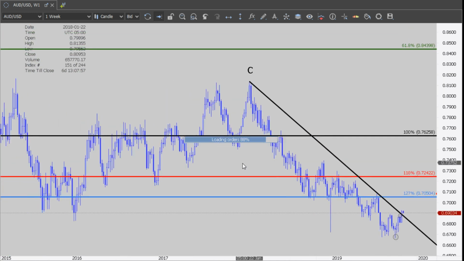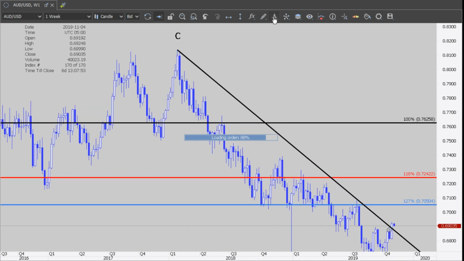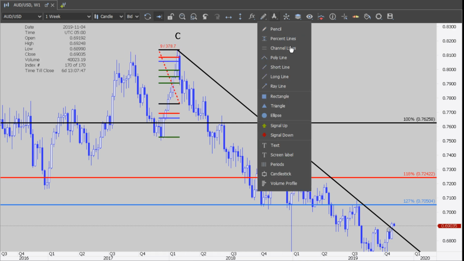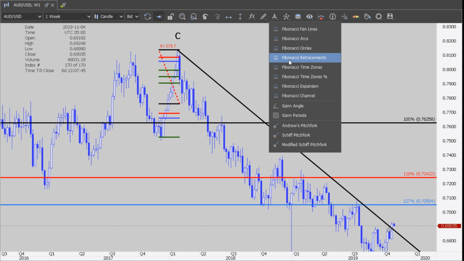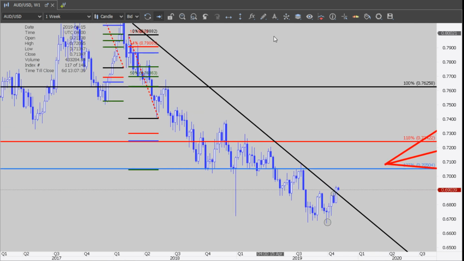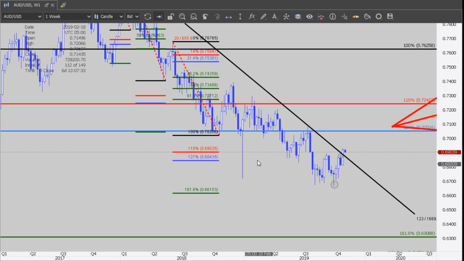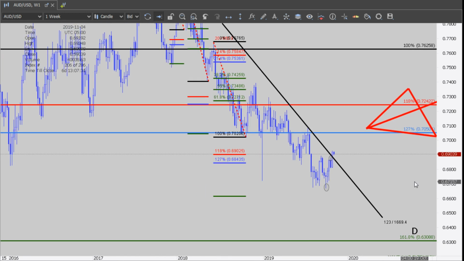Okay, and I'm going to draw the Fibonacci of the confirmation, which I don't have. Let me see, this is going to be A to B and retracement. This is going to be the second one, you know, Fibonacci retracement, green goes to green, the third one. Okay, we are here.